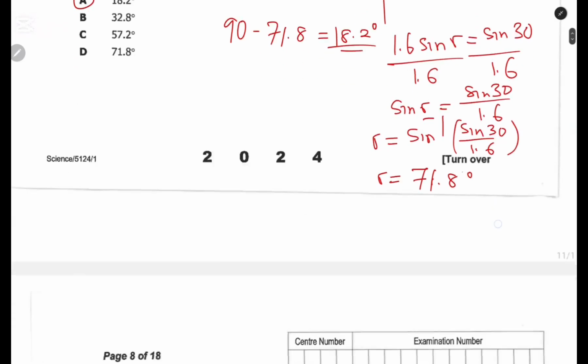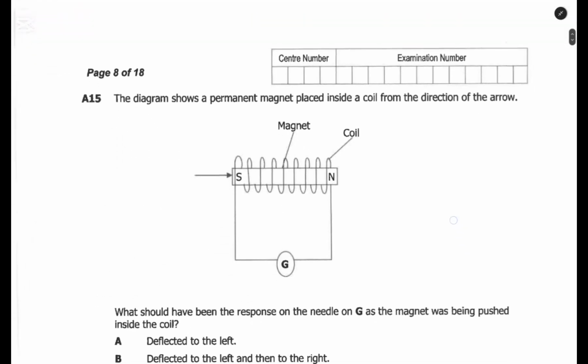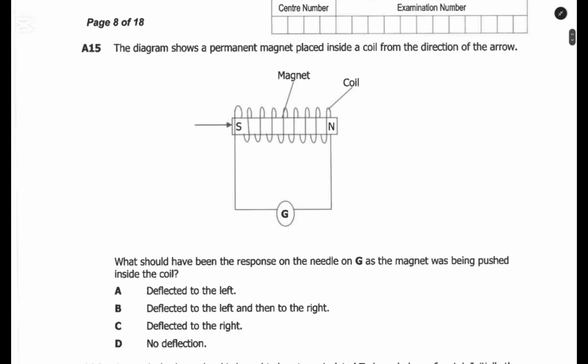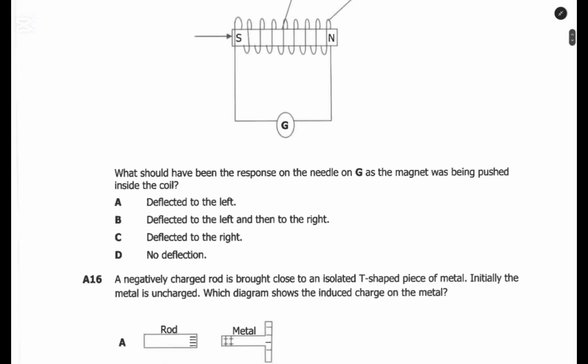All right, question 15. The diagram shows a permanent magnet placed inside the coil from the direction of the arrow. What should be the response of the needle on G as the magnet is being pushed into the coil?